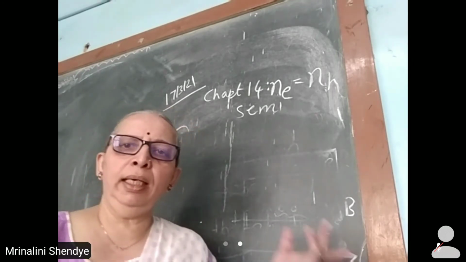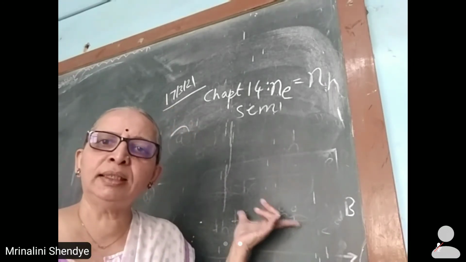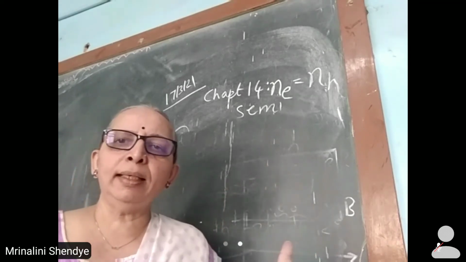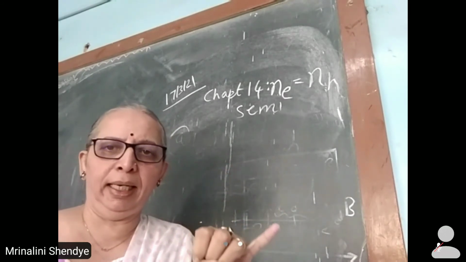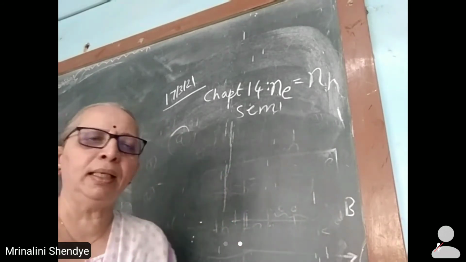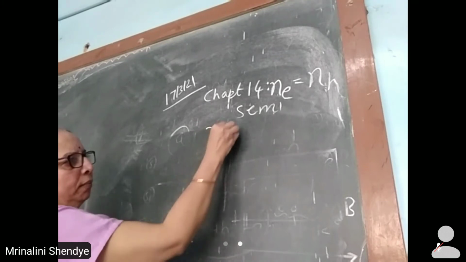So we have to increase the conductivity. The conductivity of intrinsic type can be increased by two methods, either heating it, and the second method is called doping.